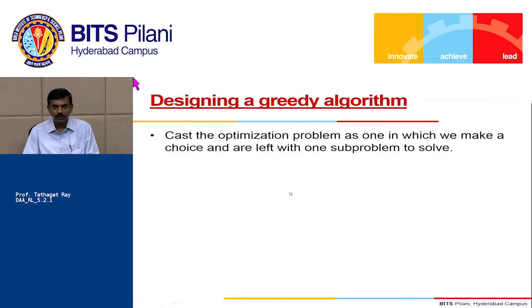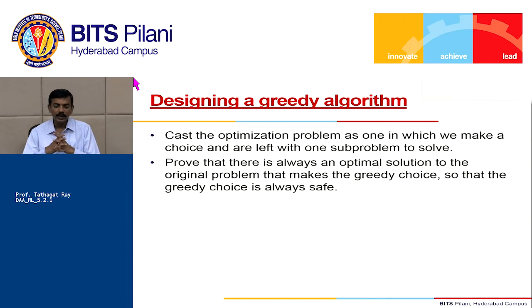Okay, so the property of the problem should be such that it should be first of all an optimization problem where we make a choice. In that optimization problem we make a choice and then whatever we are left with is one single sub problem to solve. Not many sub problems to solve but one single sub problem to solve. So that's the first thing you need to look into.